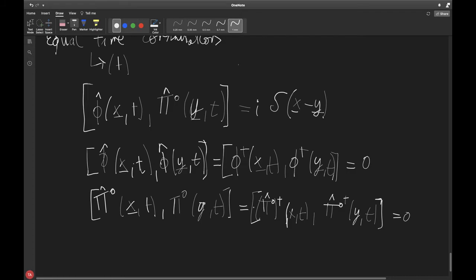So the analogy is that this was x and p, this was x and x, and this was p and p, just with the fields. Obviously everything here was an operator.